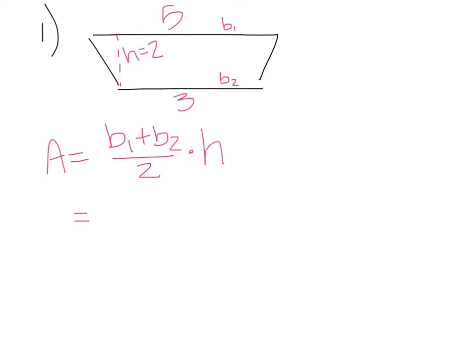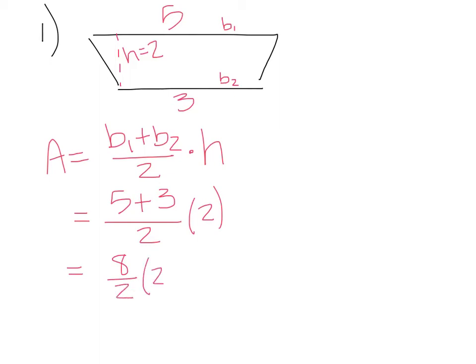So we have base 1 is 5, base 2 is 3, and the height is 2. 5 plus 3 is 8, halved. 8 halved is 4, and 4 times 2 is 8.